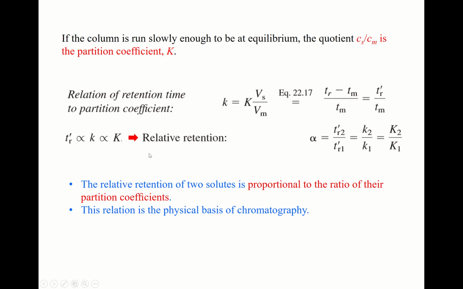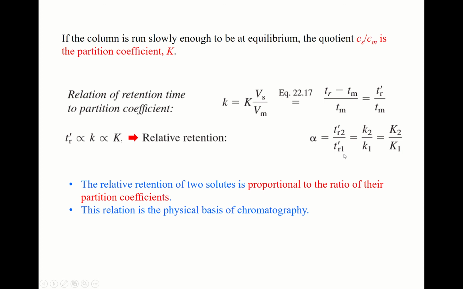The adjusted retention time is proportional to the capacity factor, and this is also proportional to what? The partition coefficient K. So here we can write the relative retention alpha.